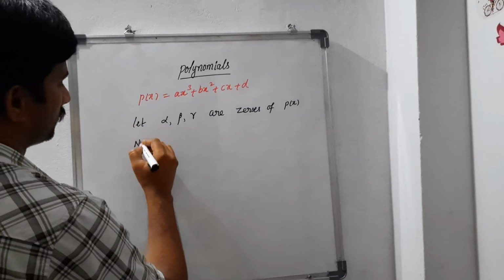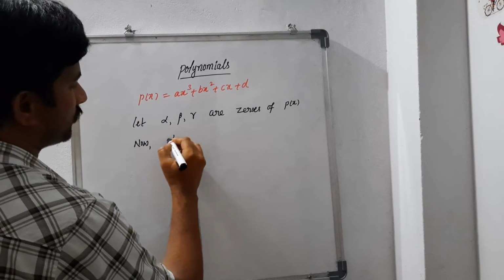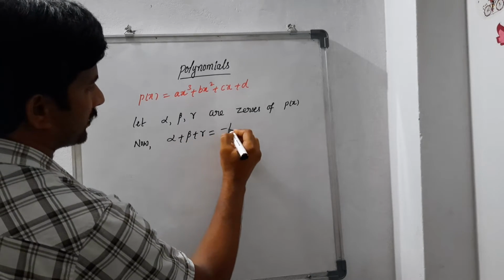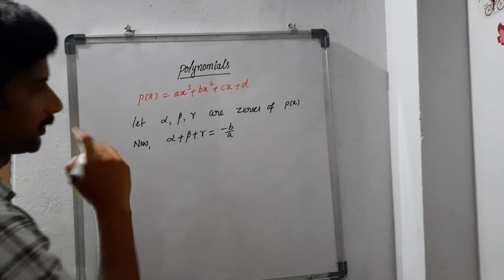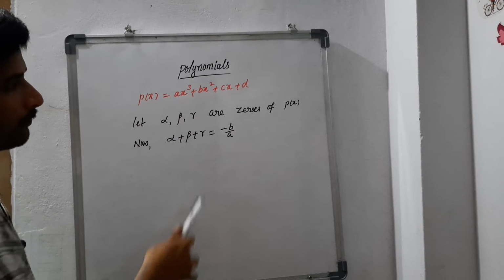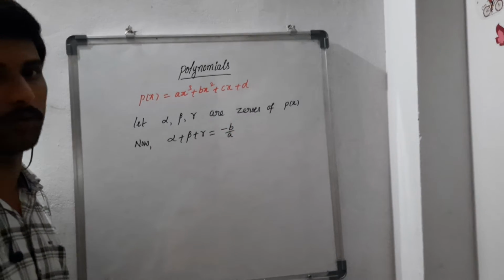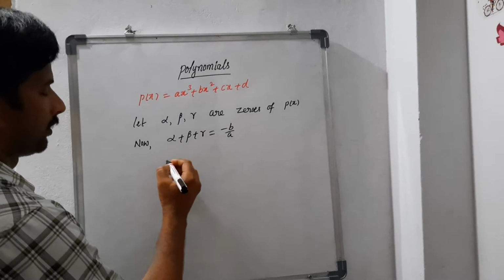Now, the sum of the zeros, alpha plus beta plus gamma, is equal to minus b by a, where a is the x cube coefficient, b is the x square coefficient, c is the x coefficient and d is a constant.